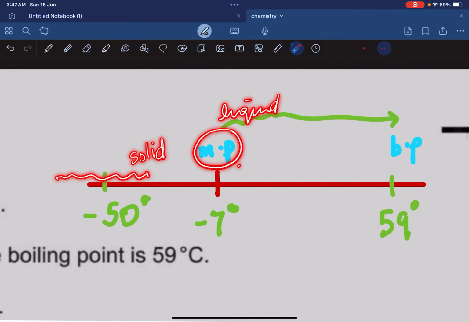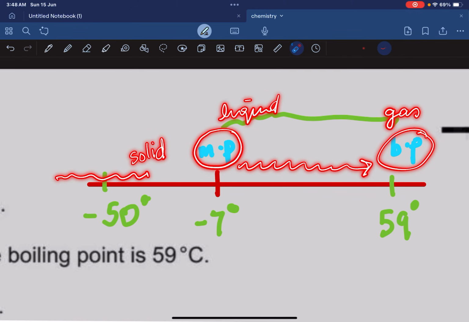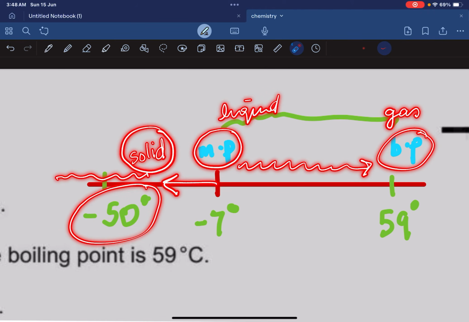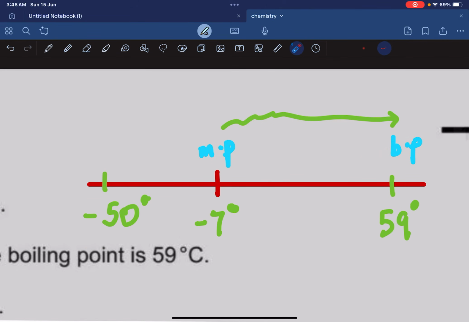This liquid travels, and at the boiling point it is going to turn into a gas. At -50, it's less than the melting point, so it's going to be a solid, because at the melting point it turns into a liquid. Before the melting point it has to be a solid, and -50 is before the melting point.